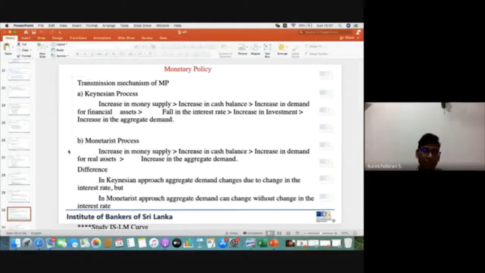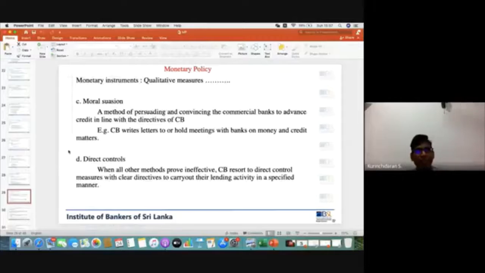So up to now, we have seen the central bank can have quantitative measures or qualitative measures. Under quantitative measures, we have seen open market operations, bank rate, and SRR, right?